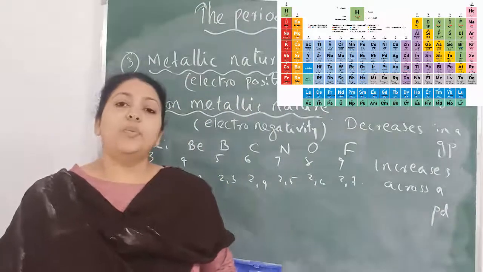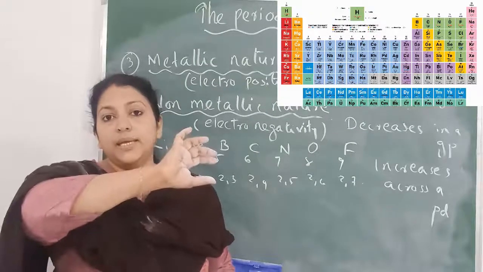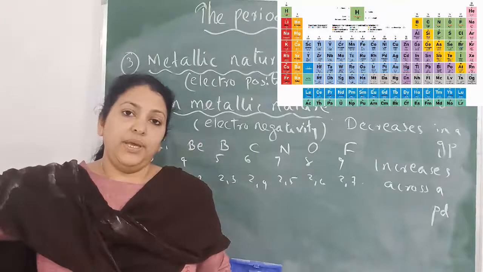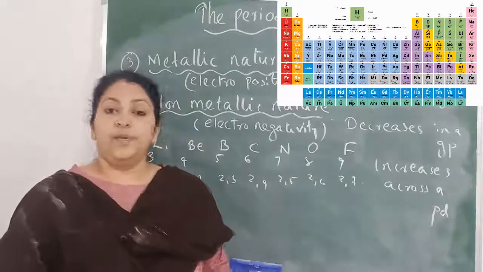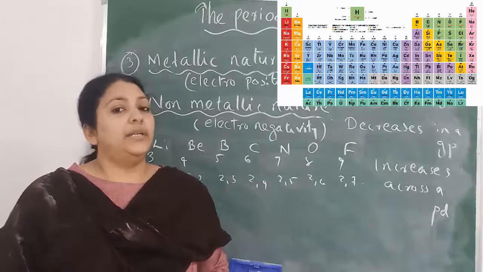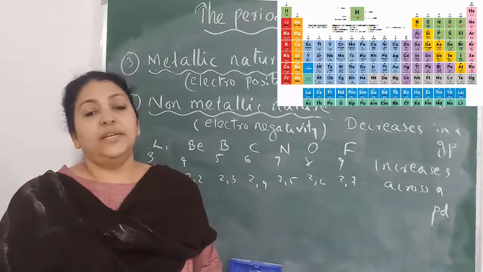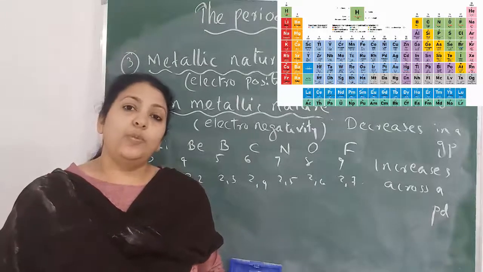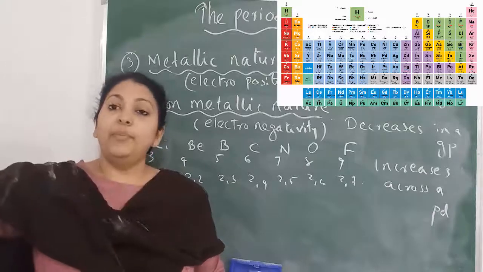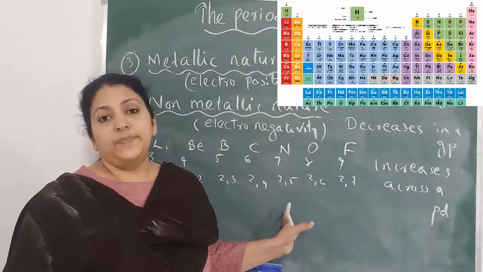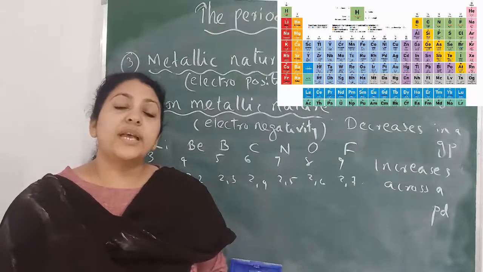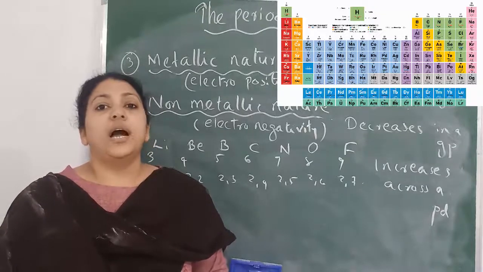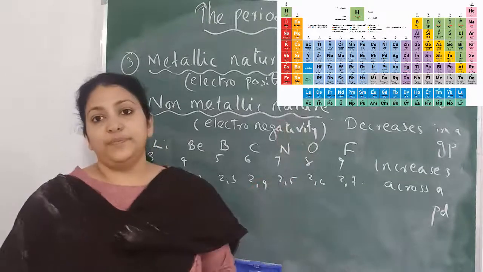Okay, now let me ask you a question. We know that electropositivity decreases in a period and increases in a group. And electronegativity, what happens? It decreases in a group and increases in a period. The question is, which is the most electropositive atom in the periodic table?